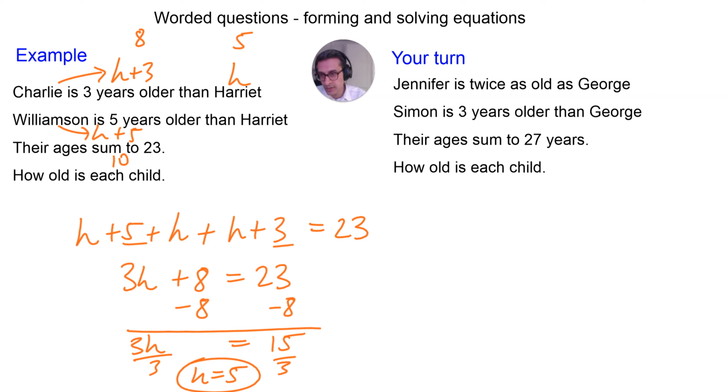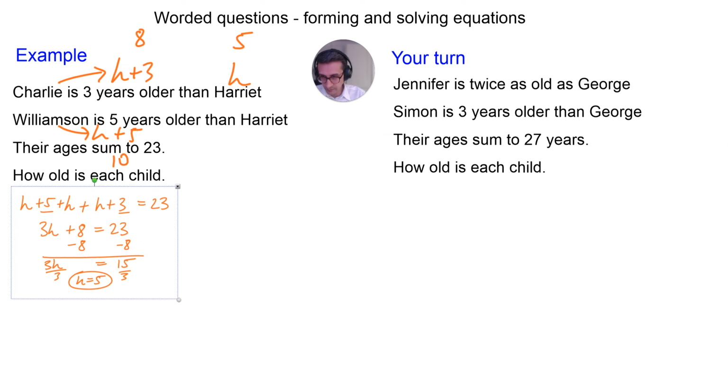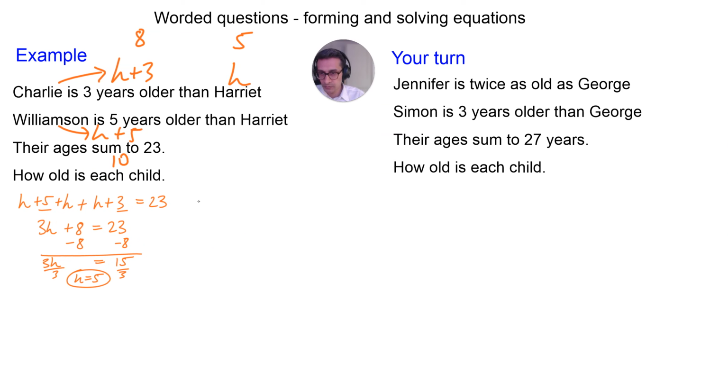So because it says how old is each child, you do actually need to state this in a statement where your answer is. I'm just going to move this to have space. So we can say Charlie equals 8, Harriet equals 5, and Williamson equals 10.